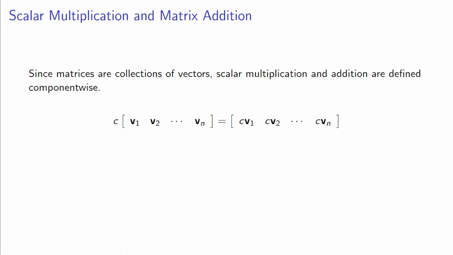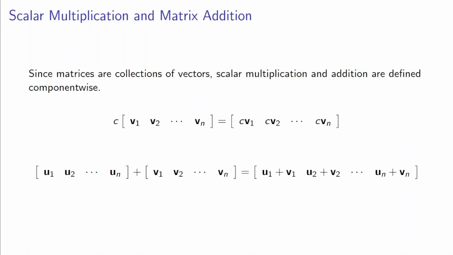For scalar multiplication, if we've got scalar C times a matrix whose columns consist of the vectors v1 through vn, then the result will be a matrix with the same number of columns, still n columns, where each column is now just the scalar multiple of each of those column vectors. So Cv1 becomes the first column, Cv2 the second, and so on.